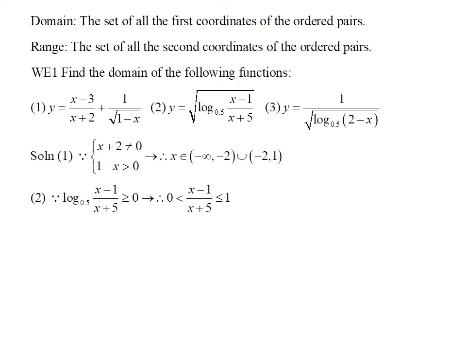As for the second function, the rule is the square root of log base 0.5 of (x minus 1) over (x plus 5). Obviously, the outcome of the logarithmic function must be greater than or equal to 0, since it is inside a square root.